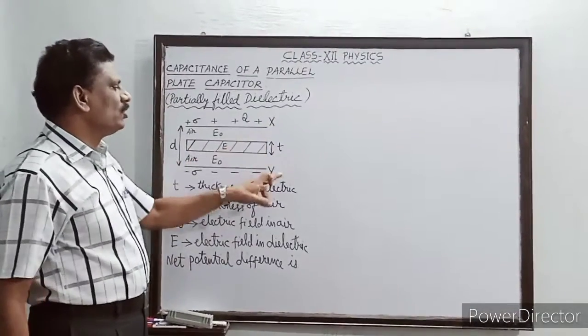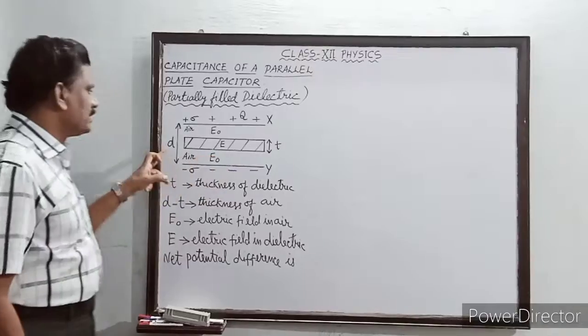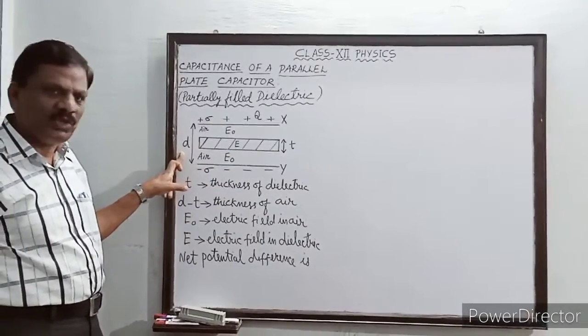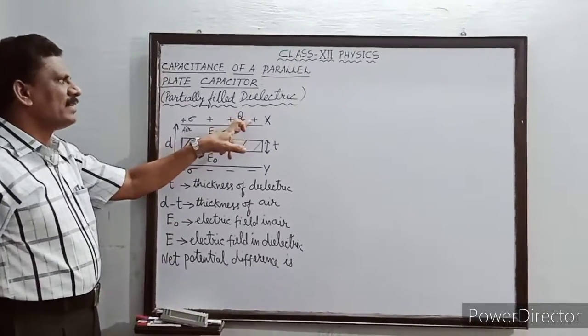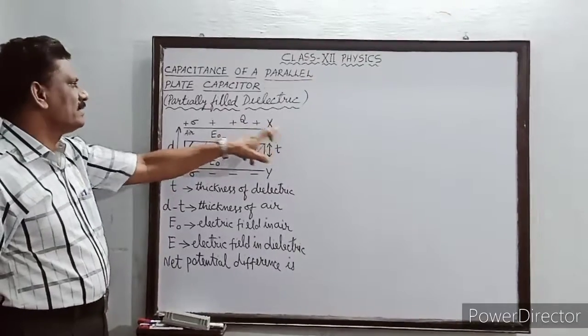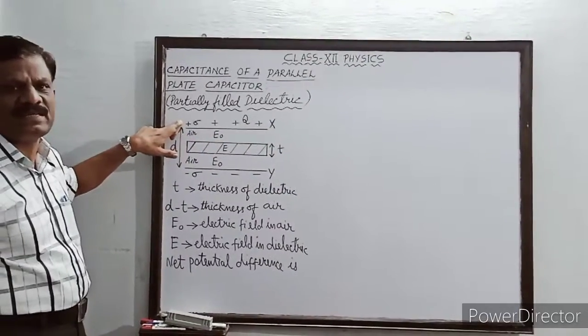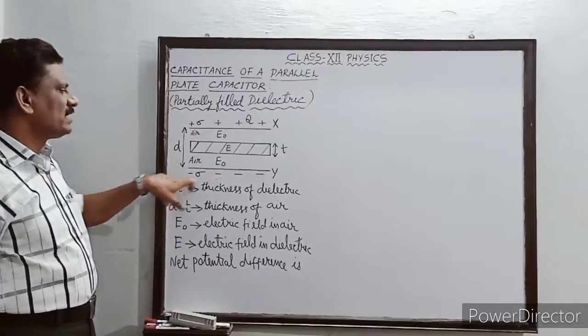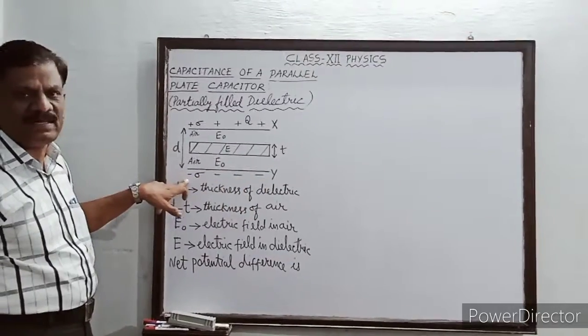Here I have considered the two plates as X and Y, which are separated by distance D as usual, and Q coulomb of positive charge is given to the plate X so that its surface charge density is plus sigma, and the surface charge density of the plate Y is minus sigma.